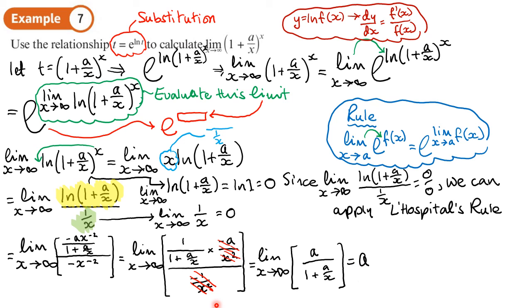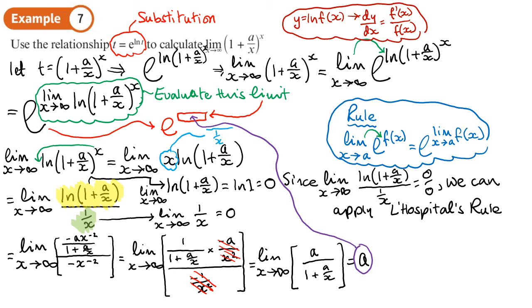Now remember, what we worked out is just this. All of that was just to evaluate that limit. So we're not quite finished. You could be tempted to write that down as your answer, but remember, that was the limit we evaluated. That was the power of e. So all of that working showed that this limit here is a. So our final answer would be e to the a.